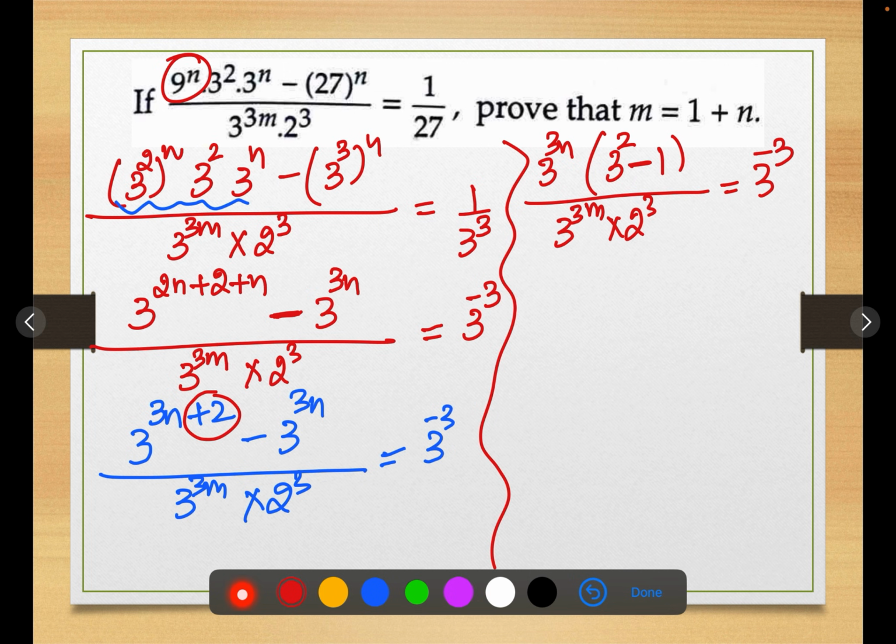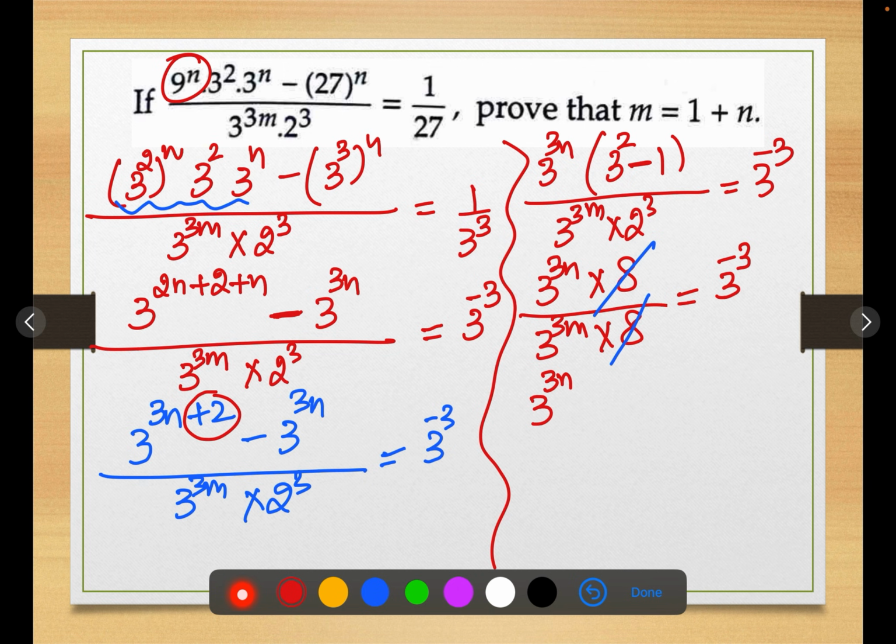Now, if you solve 3 to the power 3n, this turns out to be 8. 3 to the power 3m, this is also 8, 2 to the power 3 and 3 to the power minus 3. So this will be reduced and I can now write 3 to the power 3n minus 3 to the power 3m is equal to 3 to the power minus 3. Now combine the powers.